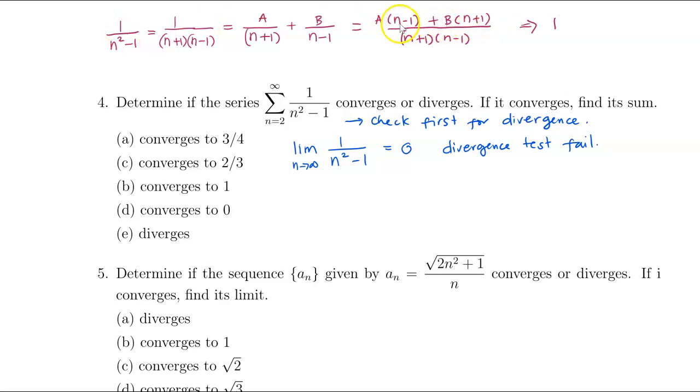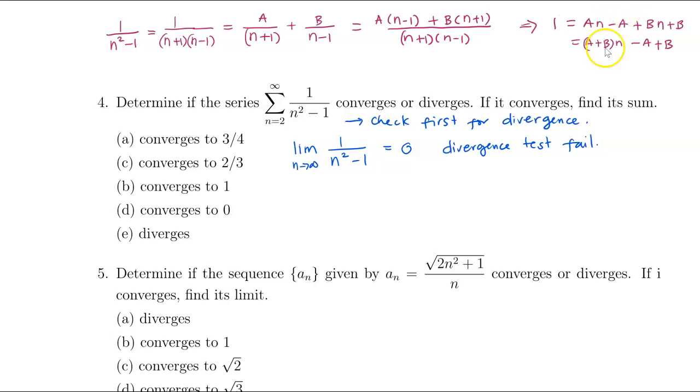You equate this to that, then you distribute. So this is equal to an minus a plus bn plus b. That suggests this is equal to (a plus b) times n, plus (negative a plus b).